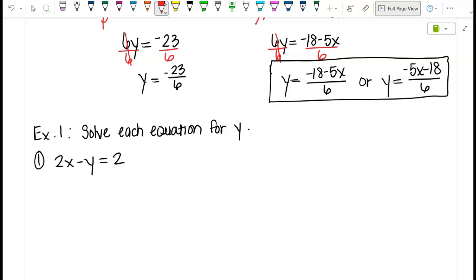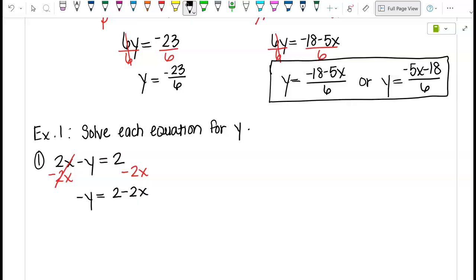And if it's a positive 2x, how am I going to move it to the other side? Subtract 2x. It's a positive 2x, so I'm going to minus 2x. So I have negative y equals 2 minus 2x.